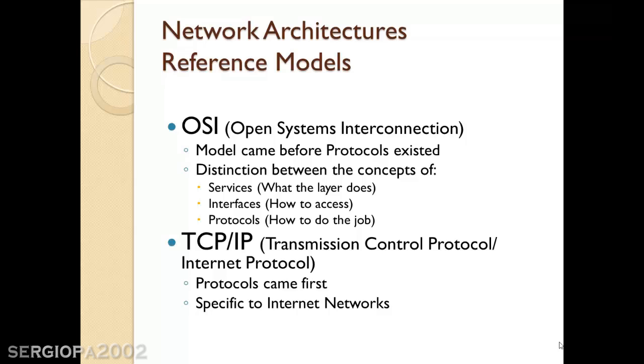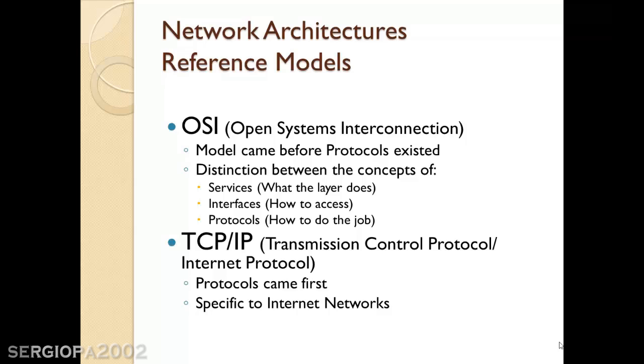Its main purpose was to isolate the complexities of networking into different subsets called layers, and by doing so, it's easier to understand, explain, and implement all the functions and operations that a network has, which are quite a lot, as you can see.